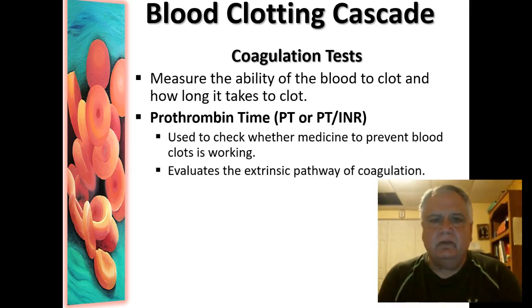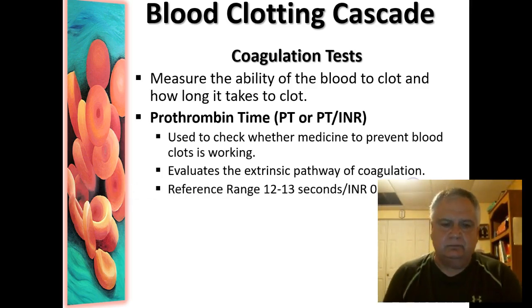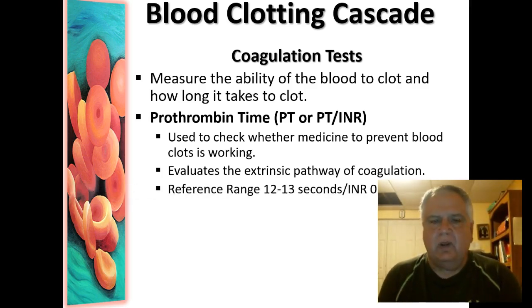So the prothrombin time then is a test that's going to evaluate the extrinsic pathway of coagulation. The reference range for prothrombin time is between 12 and 13 seconds. So it should be 12 to 13 seconds that it takes for the extrinsic pathway to occur.